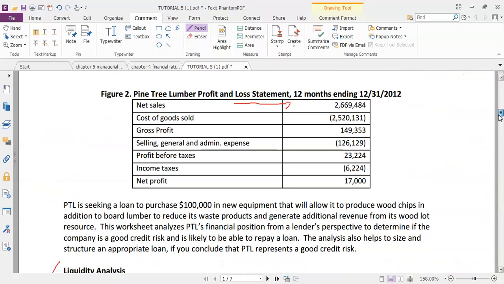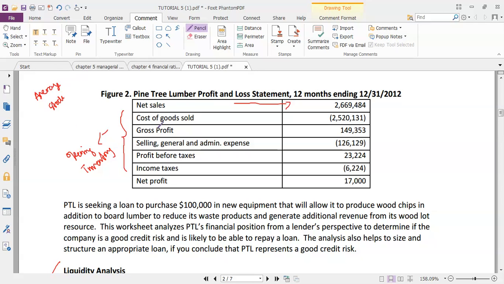Because the figure is not very detailed, it did not give us the amount for opening inventory. Opening inventory is very important for us to calculate average stock or average inventory.